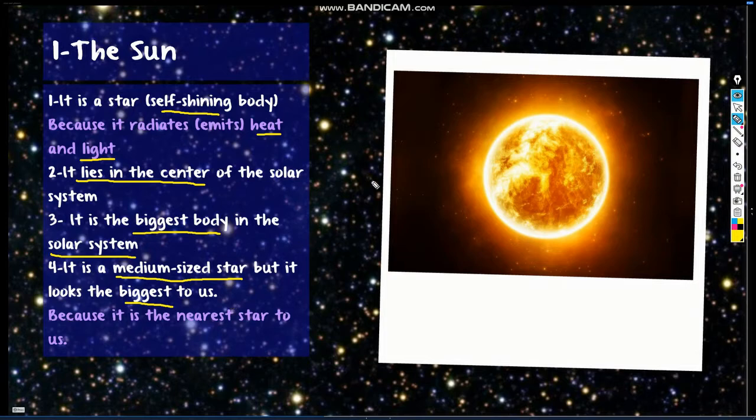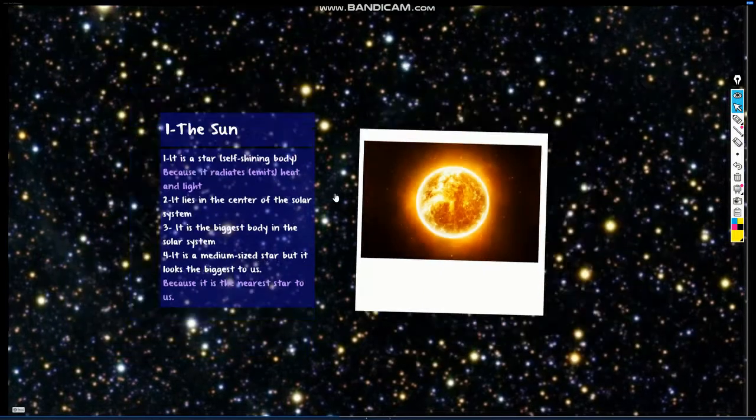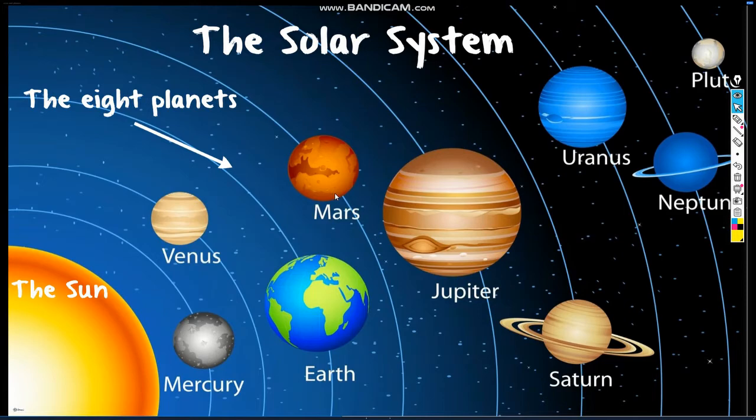And these small shiny dots are the stars. But the biggest star we see in the sky in the morning is the sun. It's the nearest star to us. Okay, now I understand what the sun is. Now, let's move on to the 8 planets.